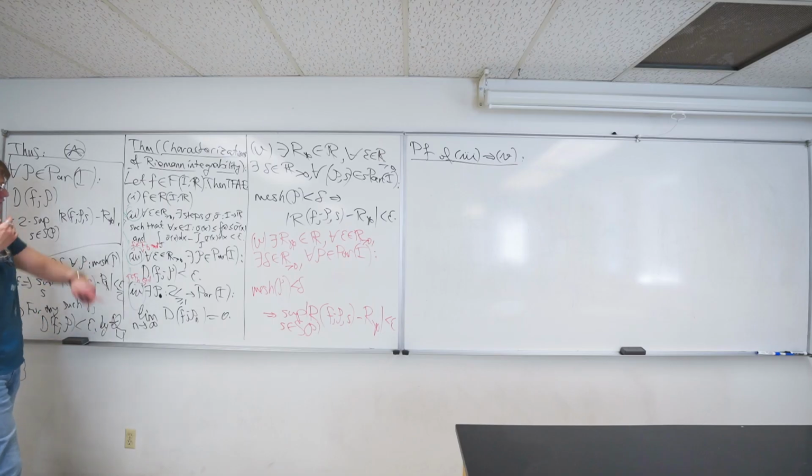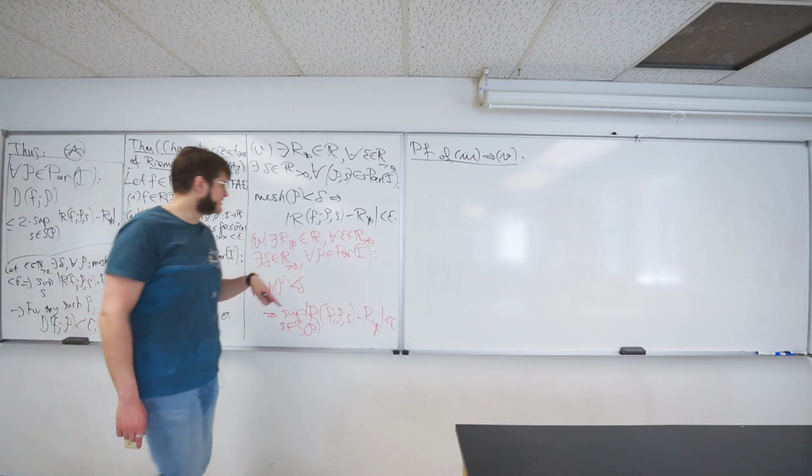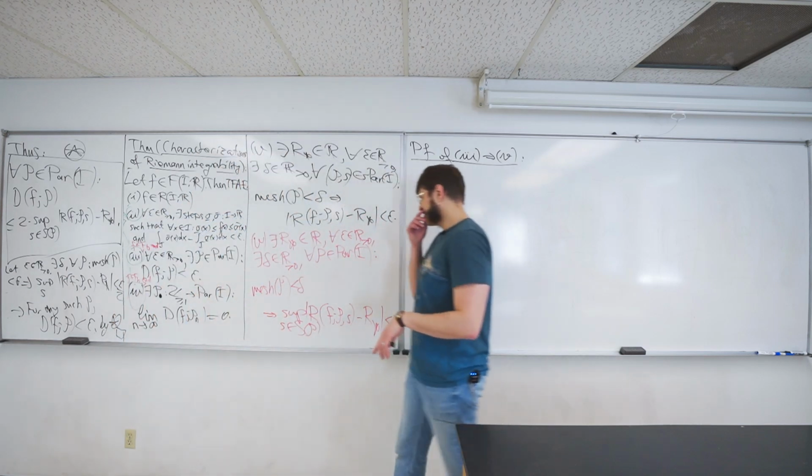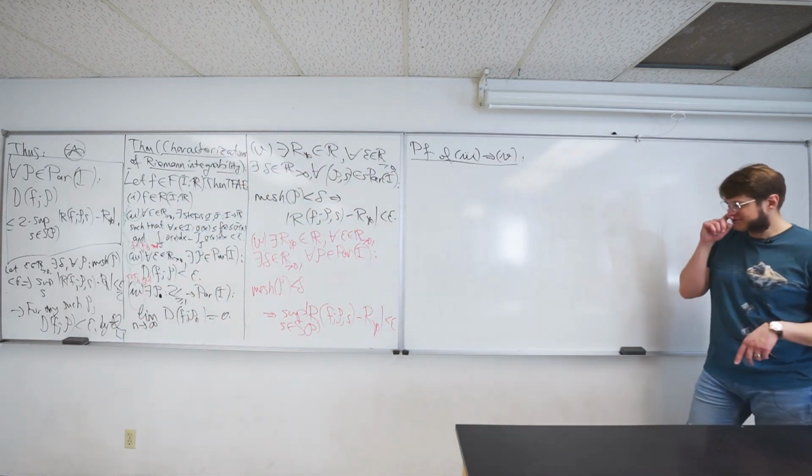Oh, wait. It's the other way around. I'm assuming 3. I'm trying to show 5. The other way around, we already did it. Okay. That's the harder part, yes. This is the harder part.